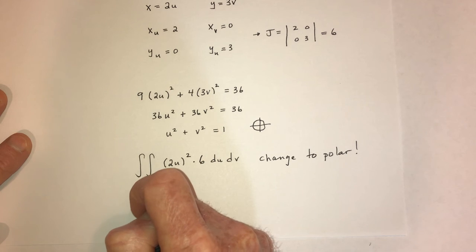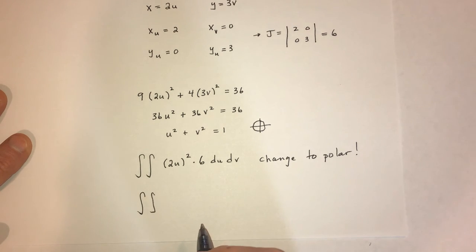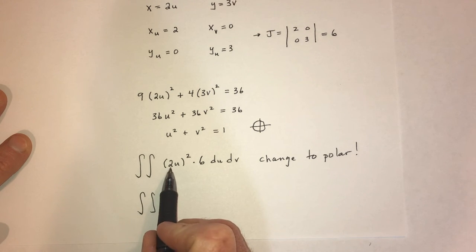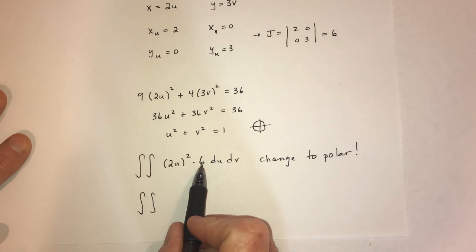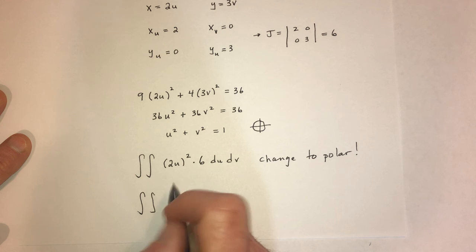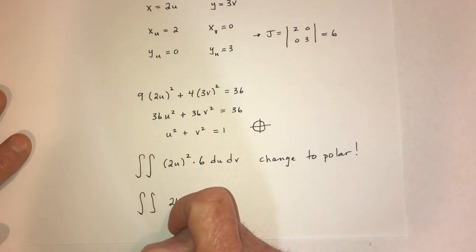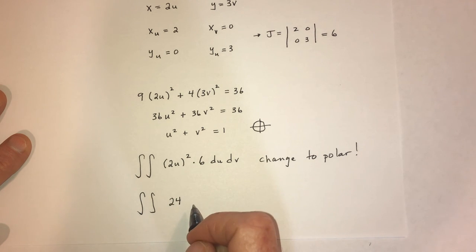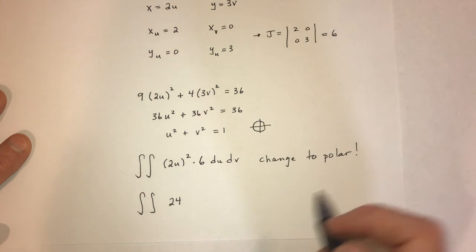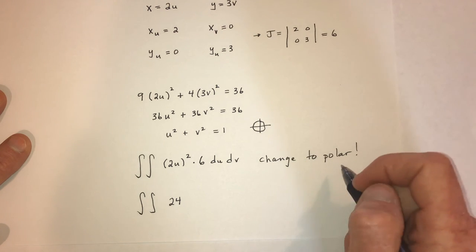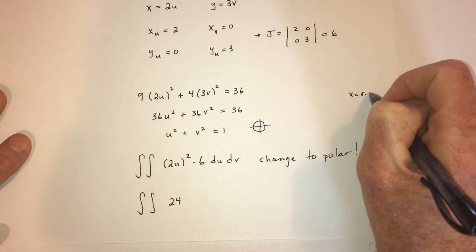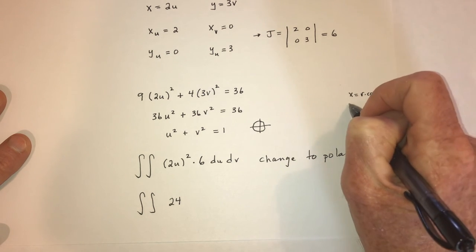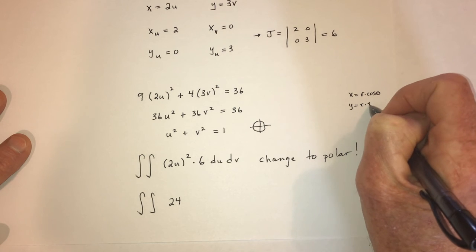All right, in polar it's going to be integrate. This needs to be squared, so that's going to be 4u squared. And then times 6, so that's 4 times 6, that's 24 u squared. Well, to change to polar, for polar, you go x is equal to r cosine theta, y is equal to r sine theta.